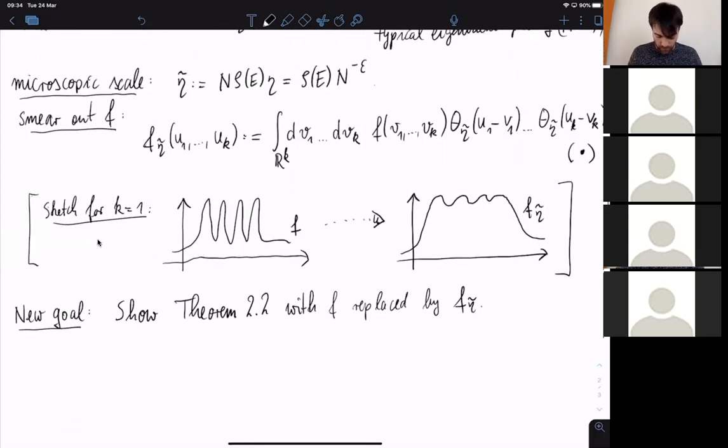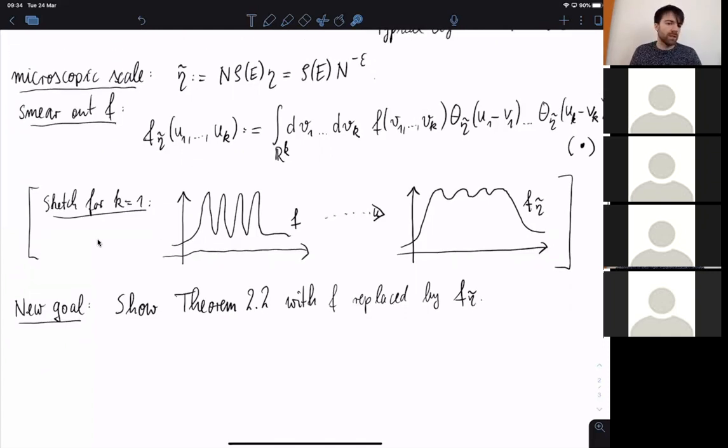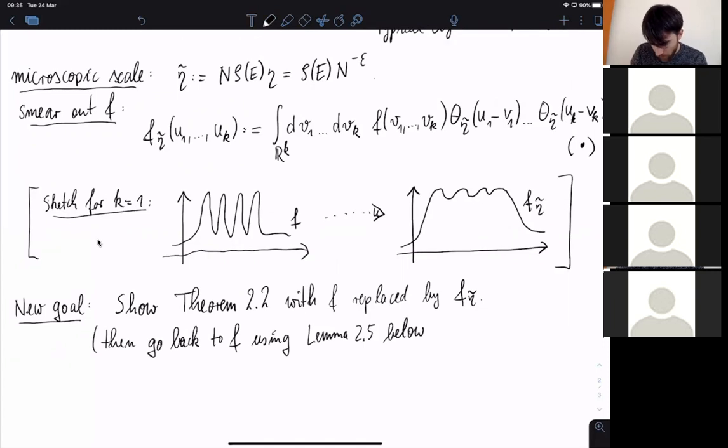Then we will have a lemma which tells us that once we know theorem 2.2 for f eta tilde, we can go back to the original f using lemma 2.5, which we'll see below, and which will essentially be a consequence of the local law.